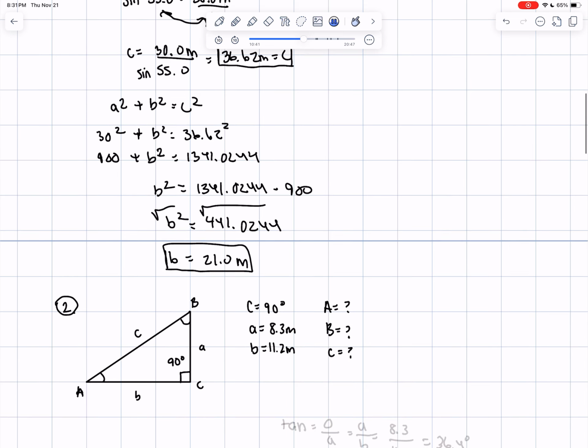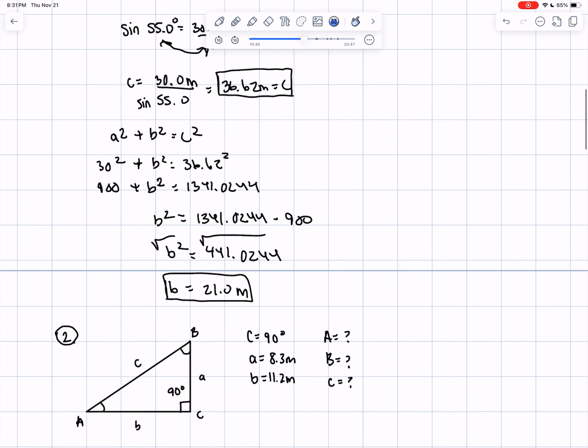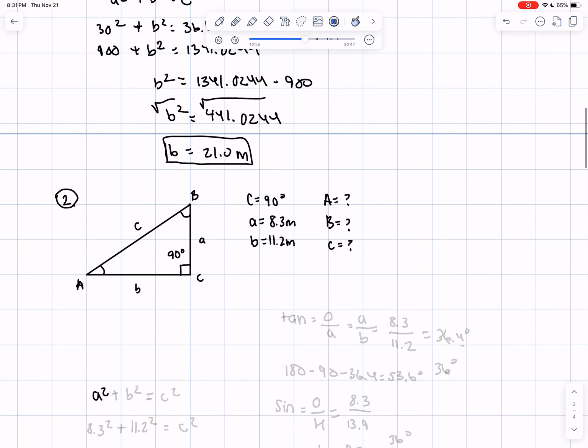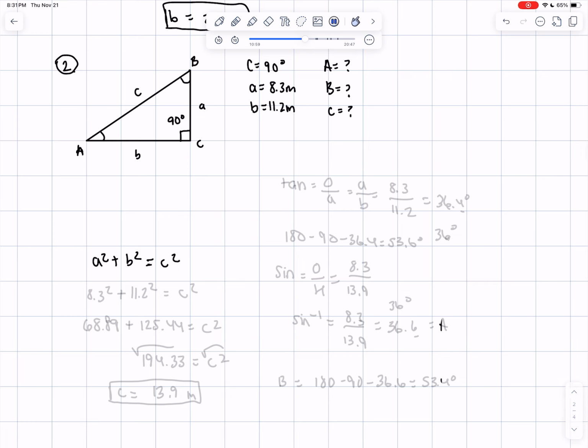For this problem, they give us two sides, but we're missing one and we have to find the angles. So to find the missing side, we always use the Pythagorean theorem. So we will do a squared plus b squared equals c squared, where a is 8.3, b is 11.2, and c is what we're trying to find.